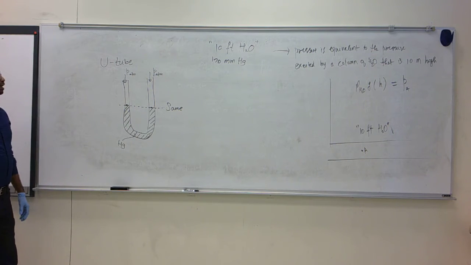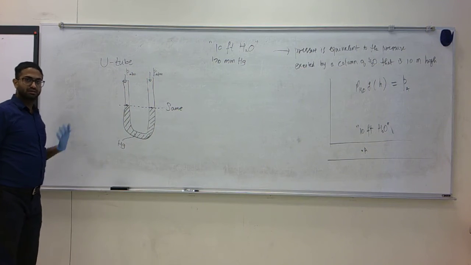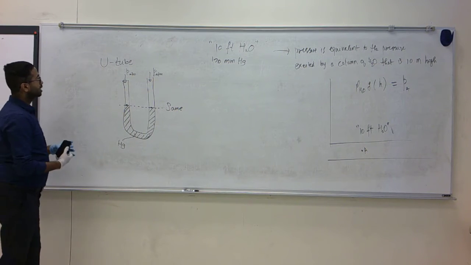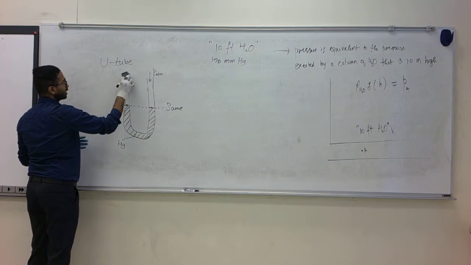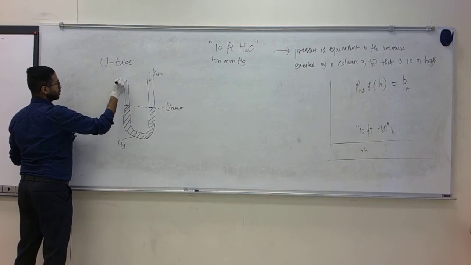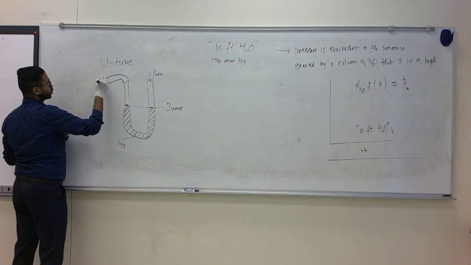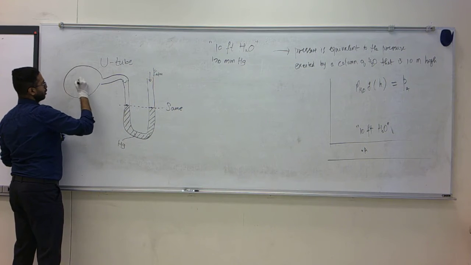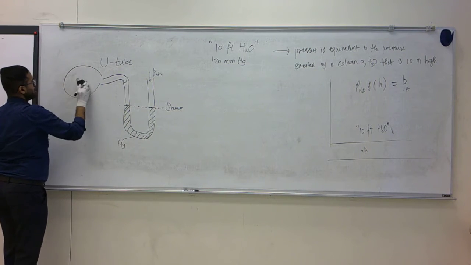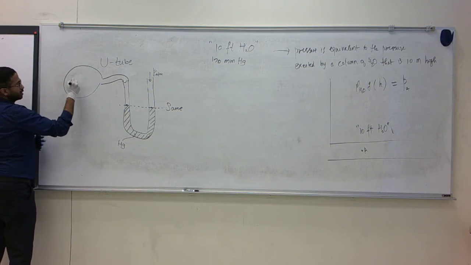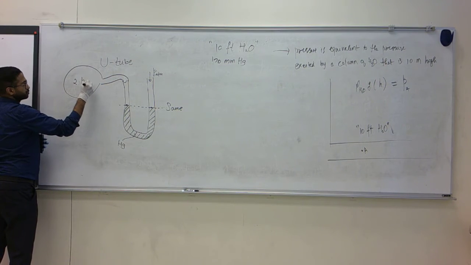Same because the same pressure is acting at both the locations. Okay. Now suppose I revise this thought, and on this side, let's say I connect this to a balloon whose pressure is 2 times the atmospheric pressure.